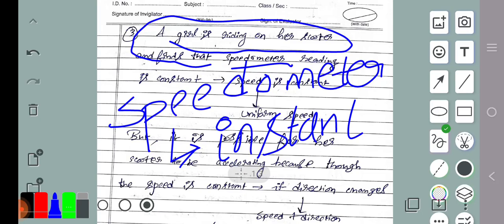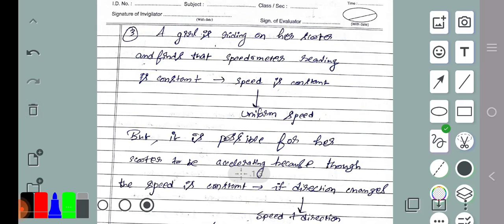What does a speedometer measure? Instantaneous speed. Now you will say, sir, what is instantaneous speed? Very simple. It is your speed measured at any instant, or speed measured over a very short interval of time. Suppose your mother is driving the scooty.